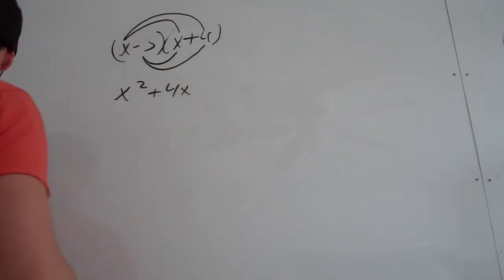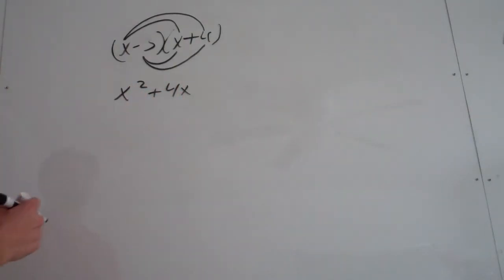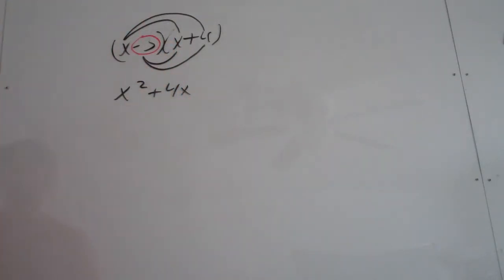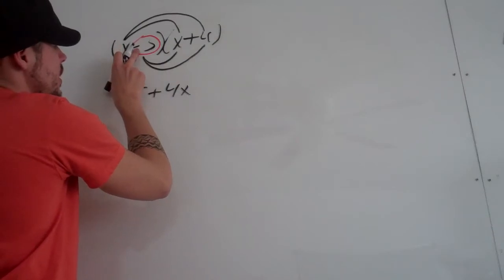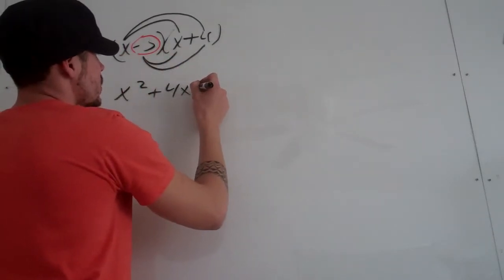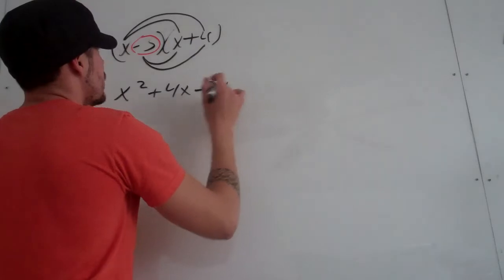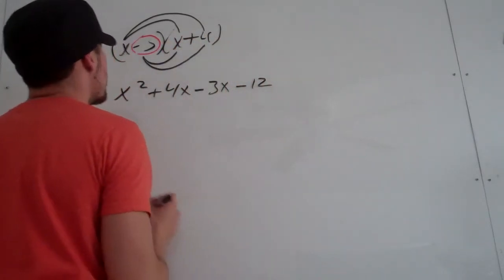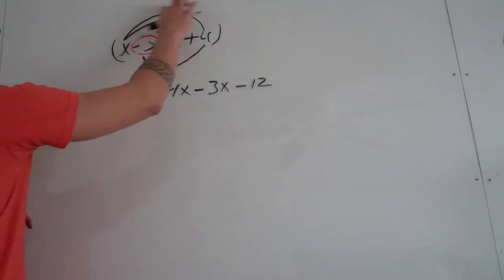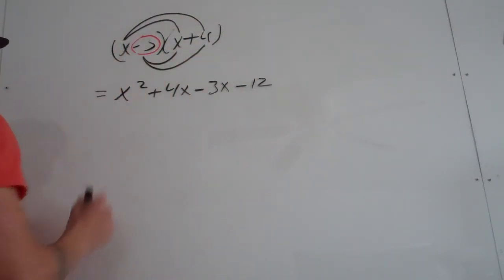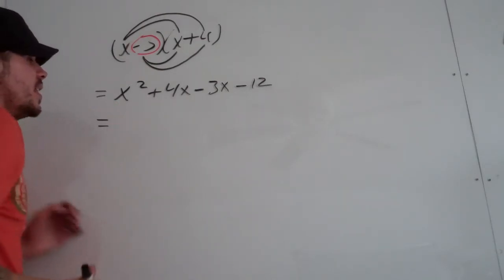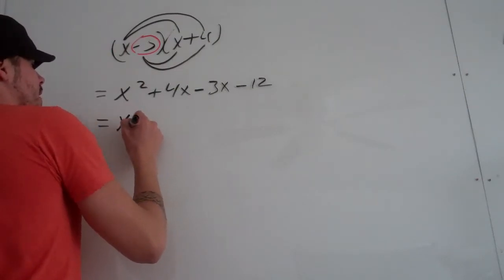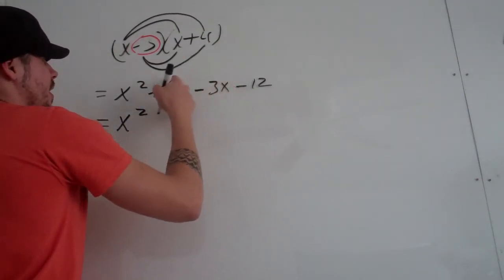And now, here's the little tricky part here. I mean, it's not tricky, just remember it. So now what you're going to do is multiply this negative 3 times x, which is negative 3x, and this negative 3 times 4, which is negative 12. So this right here is equal to this, which is equal to, and this is where we simplify or collect like terms, x squared, and these two are like terms, right?